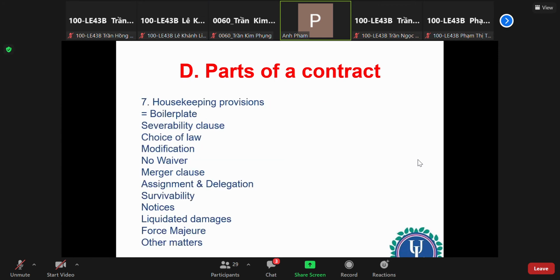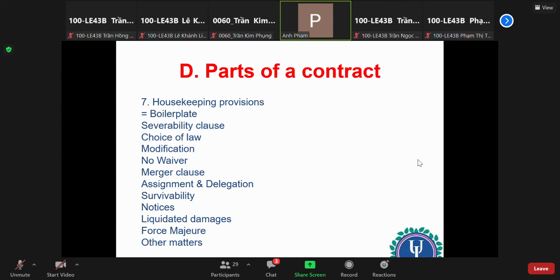Housekeeping provisions are also referred to as boilerplate, and are also considered part of the substantive clauses. But they can be put separately just to make it clear. I think you all know about the boilerplate, right?